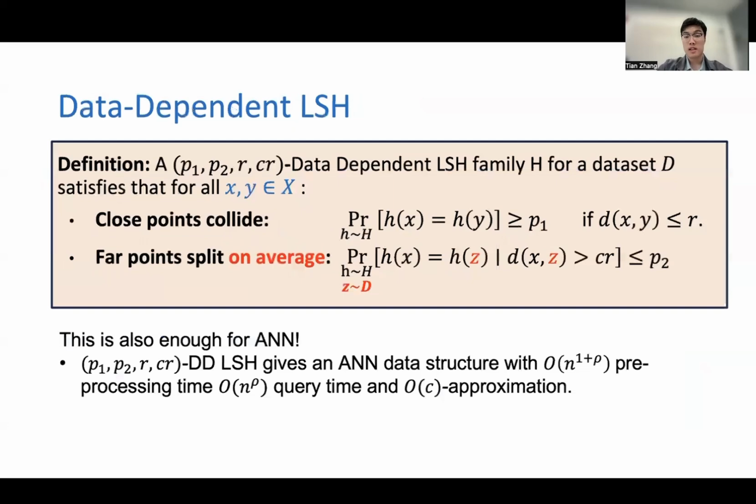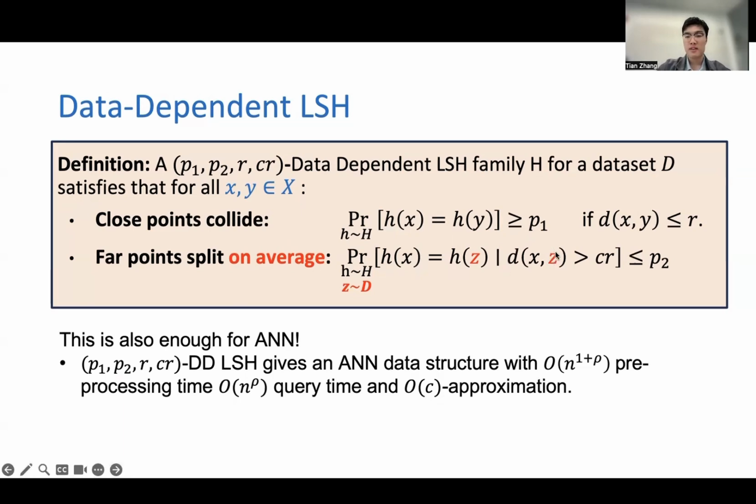Now let me introduce a slightly modified definition of LSH. So the guarantee that close points collide remains exactly the same. The only difference here is that we do not require the LSH to filter out all the far points from the entire metric space. What do I mean?